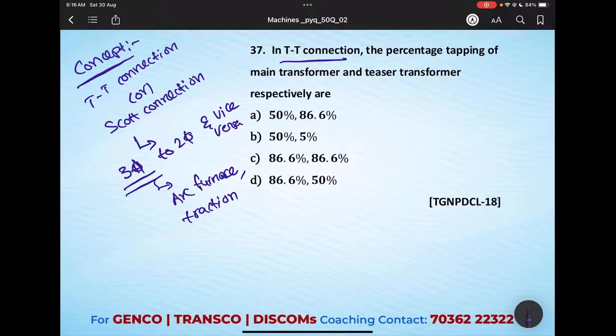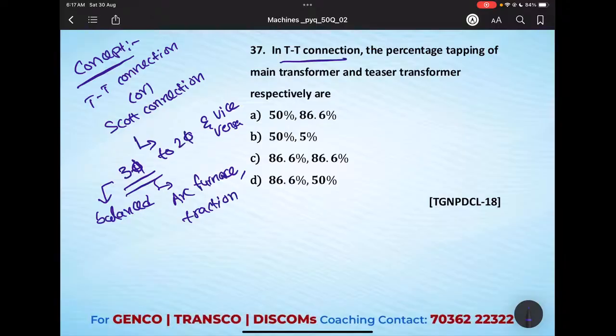That's why we prefer Scott connection, especially for unbalanced loads such as arc furnace and traction loads. The first point to remember is that the 3-phase system needs to be maintained balanced.